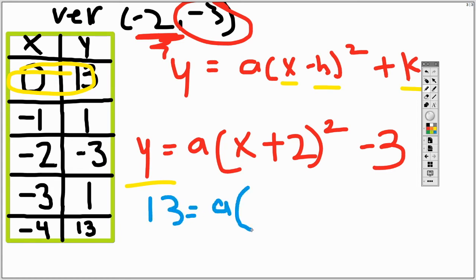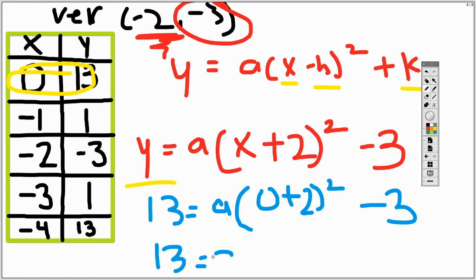Then I'd write a, because that's what we're solving for. And then x is 0, so 0 plus 2, to the power of 2, minus 3. So this becomes 13 equals a, 0 plus 2 is 2, raising that to the power of 2, minus 3.